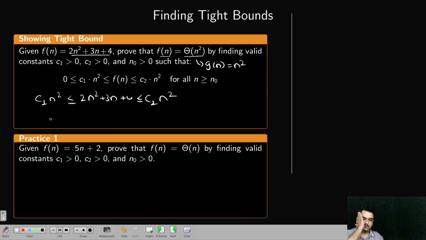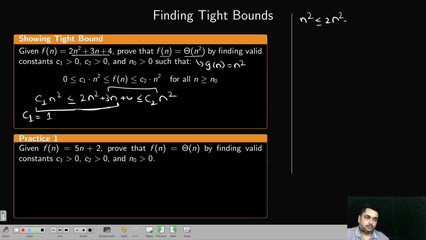Now you solve this. This side is easy. C1 I can choose as 1. First we'll solve the lower bound. If I take C1 equal to 1, I get n square less than or equal to 3n square plus 3n plus 4.